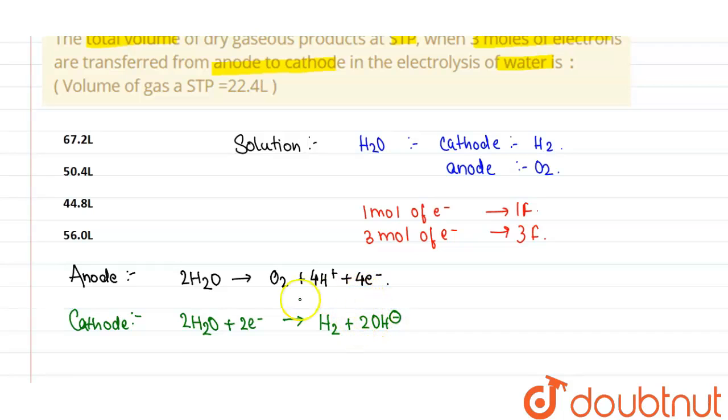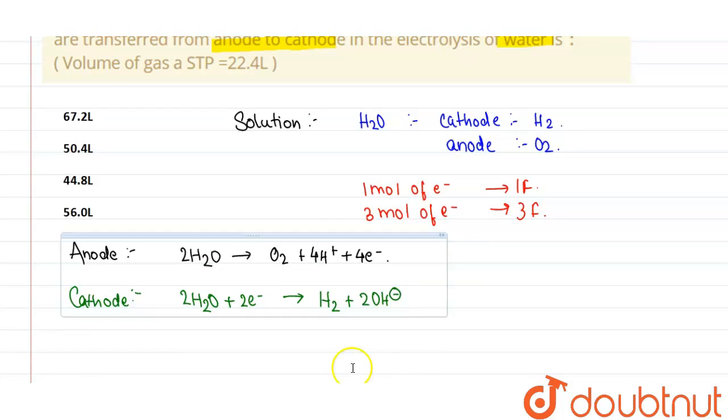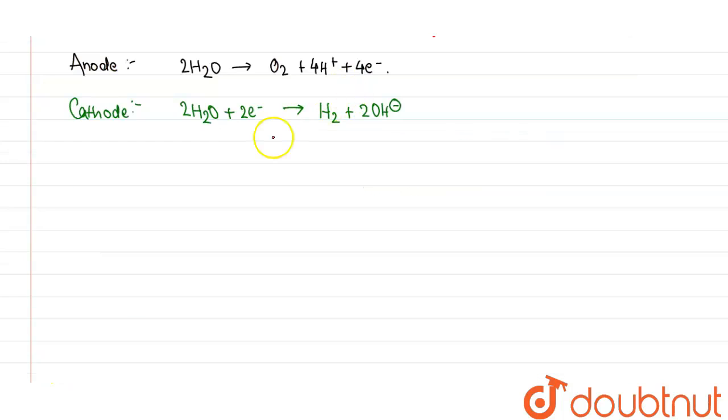Now we can see that for the production of 1 mole of oxygen, 4 electrons are needed. So it means 4 Faradays of electricity will be consumed for production of 1 mole of oxygen. 1 mole of oxygen at STP is 22.4 liters of O2.